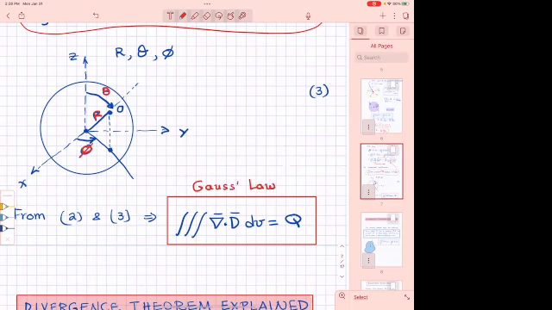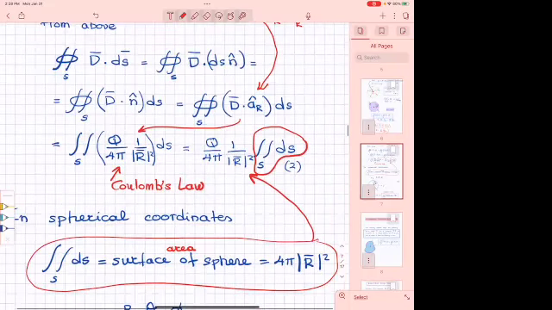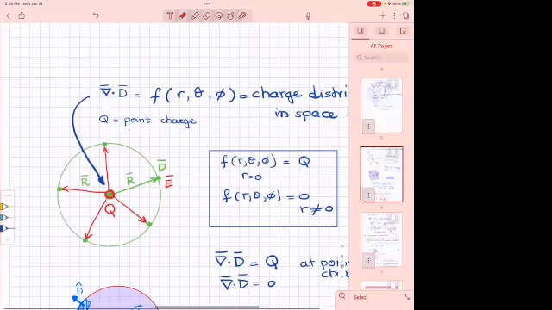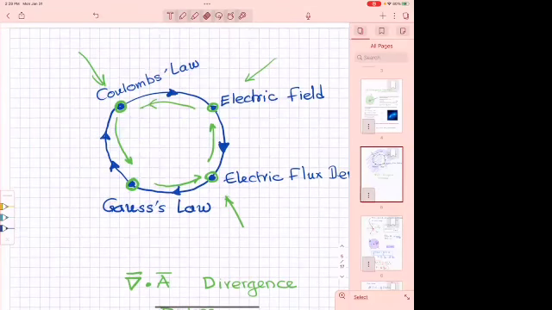So now, having proven those things, I'm going to go back to the circle that I showed you here. And what I wanted to say is, now, if you start with one law, you can prove the other. If you start with Coulomb's law, you can find electric field.